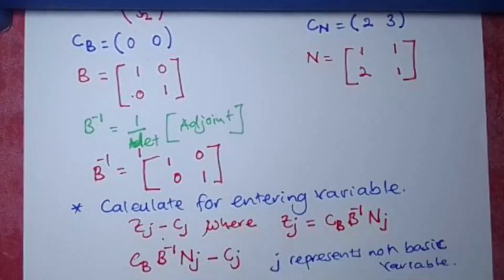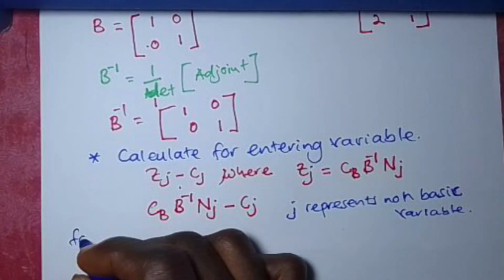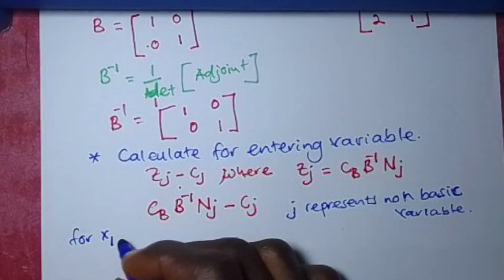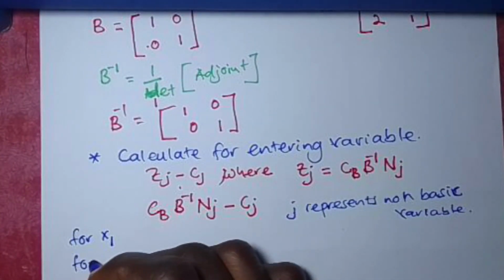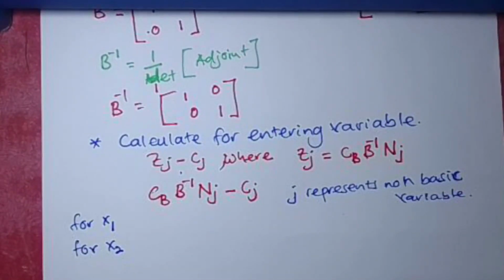When we are substituting them, we shall calculate for x1, then we shall calculate for x2, and then compare to see which of the two is going to enter. Those formulas are proven formulas, so we are going to apply them directly.